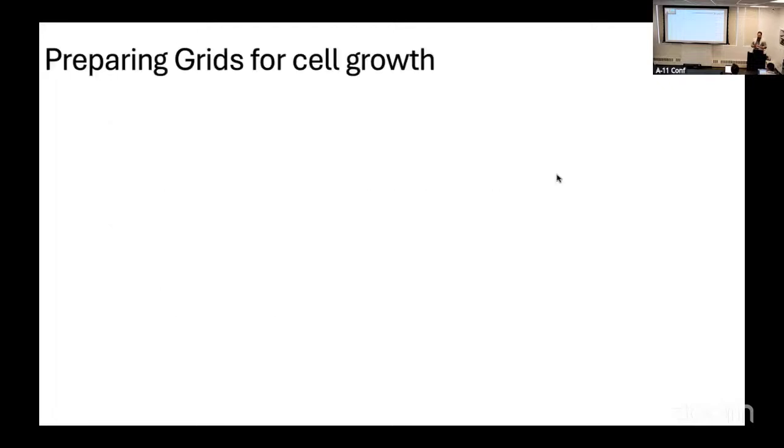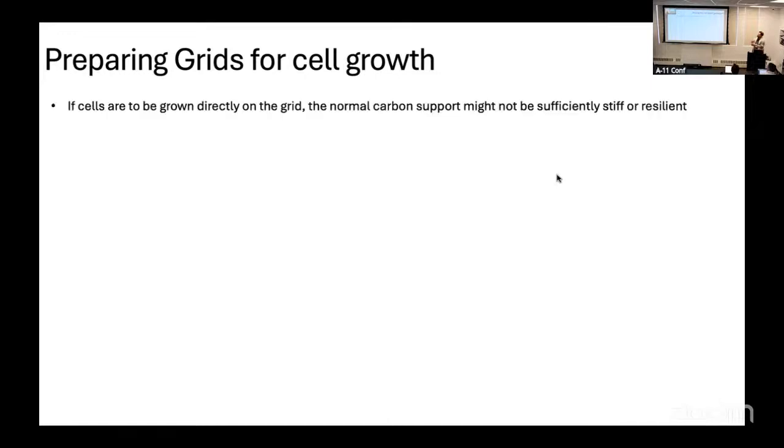So preparing the grids for cell growth. You have an EM grid. If you grow the cells directly on the EM grid, the normal carbon support that you get on a Quantifoil or C-flat might not be sufficiently stiff or resilient for the cells. I've had cells that rip up the carbon, or cells that just aren't happy because the carbon is soft. But if you're just depositing cells onto it, you don't really have to worry about that as much.